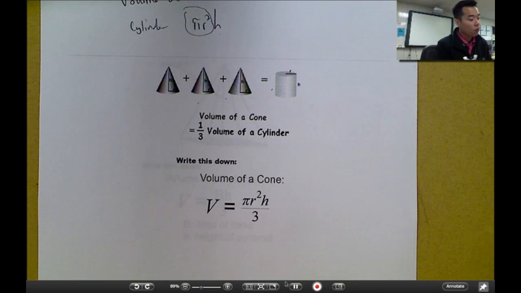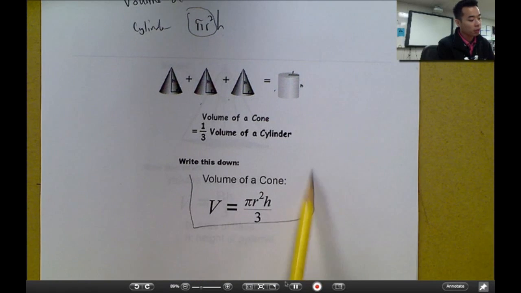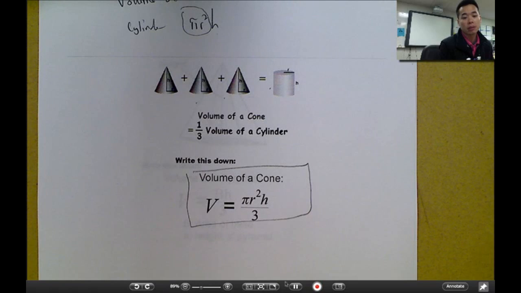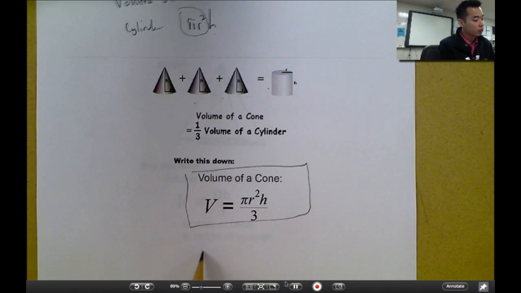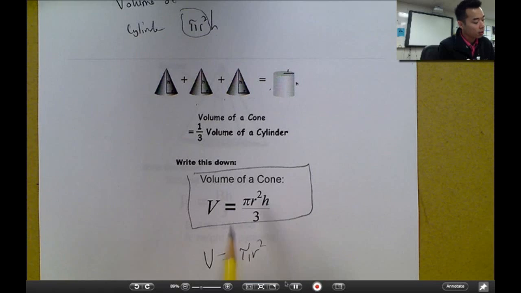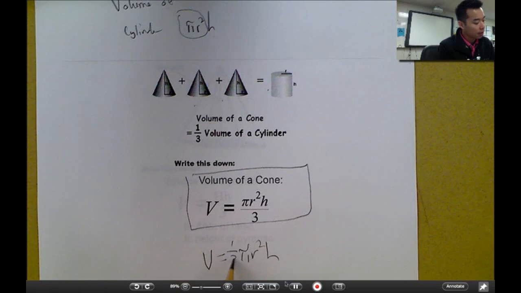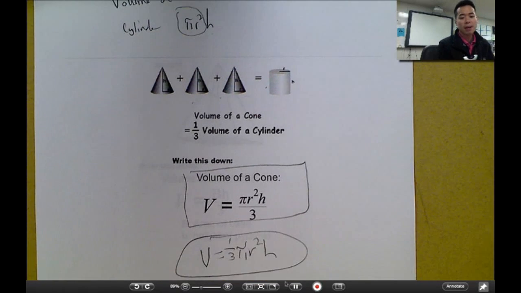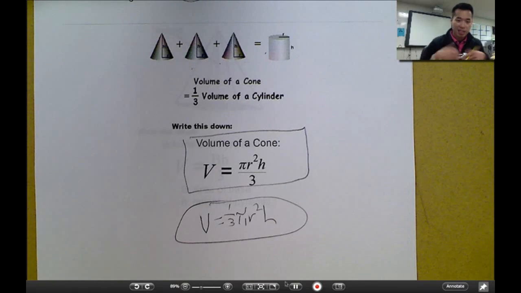So therefore, the volume of a cone is pi r squared times the height divided by 3, or you can say the volume of a cone is equal to pi r squared h, multiplied by a third. Multiplying by a third and dividing by 3 are exactly the same thing. Make sure you pause it and write it down if you must.